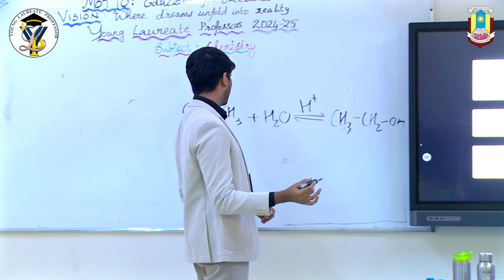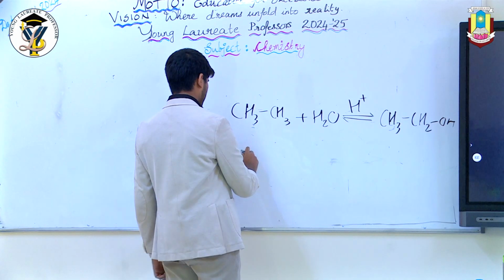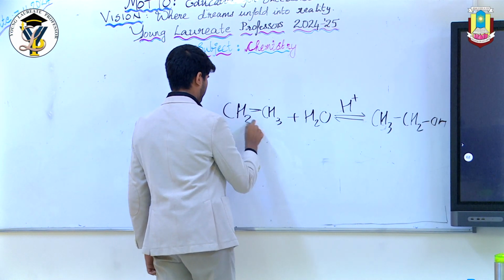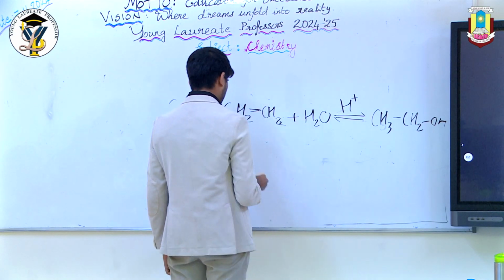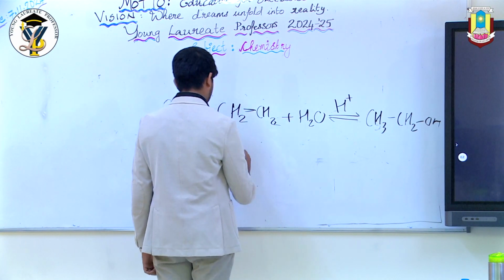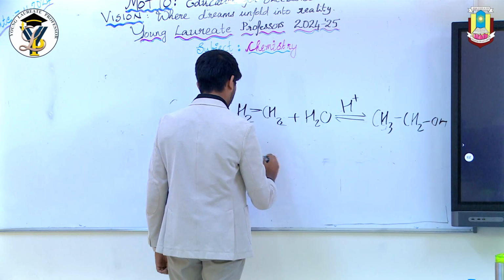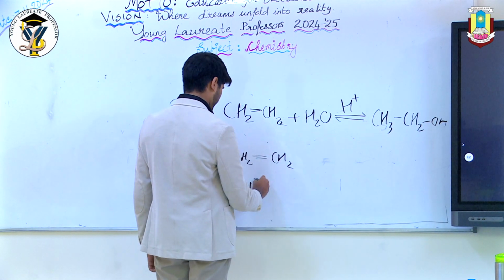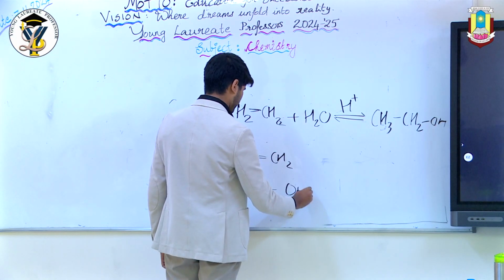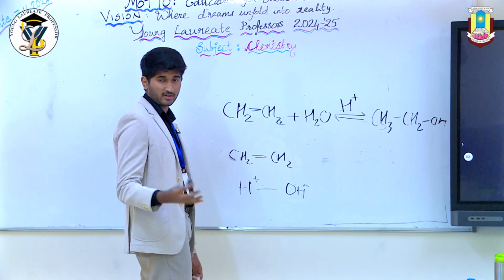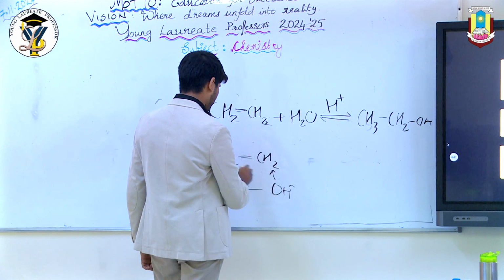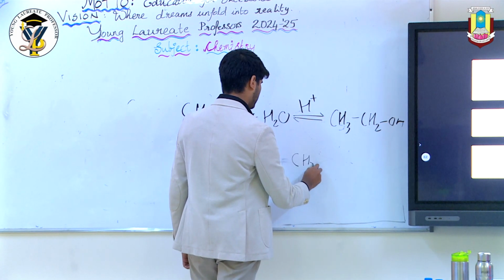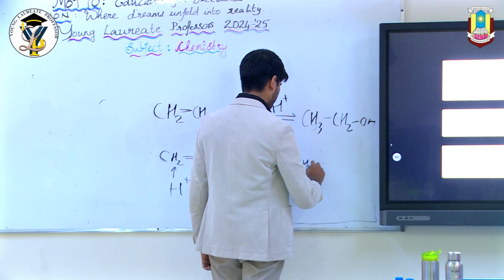If you are wondering how this happens, water, H plus, OH minus. We are separating it like this for the ease of understanding. One goes here, one goes here, and then we get our ethanol molecule.